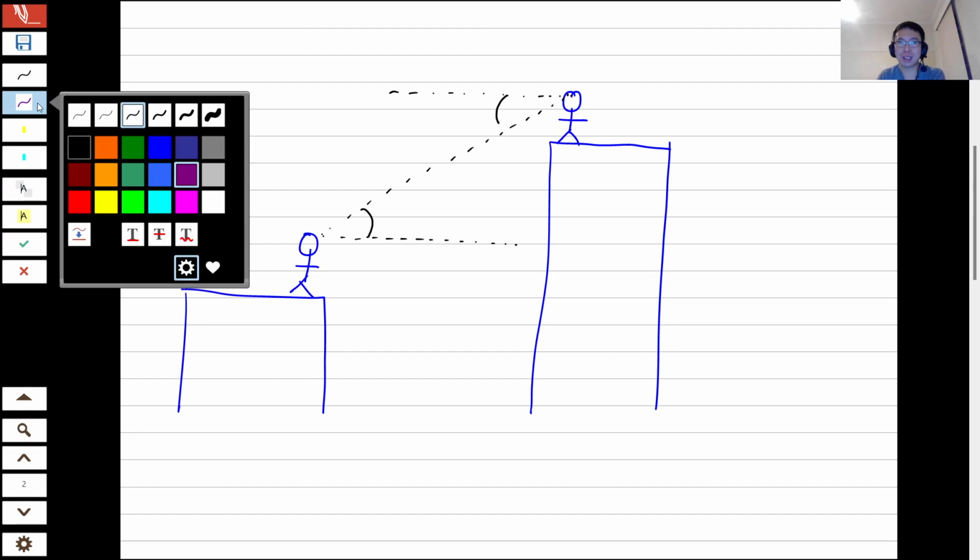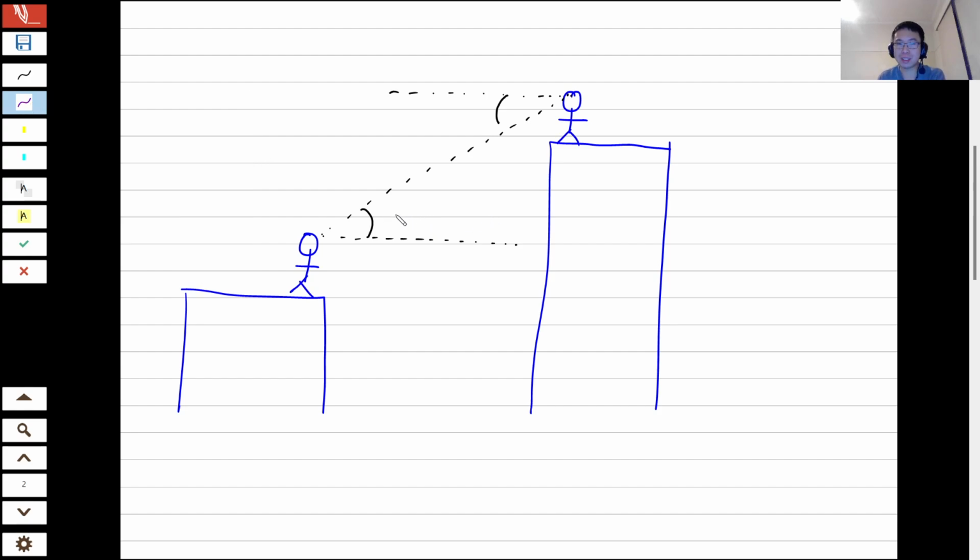I can give a name to these angles. I could call this down here the angle of elevation. For the person who is looking down, I could call this the angle of depression.